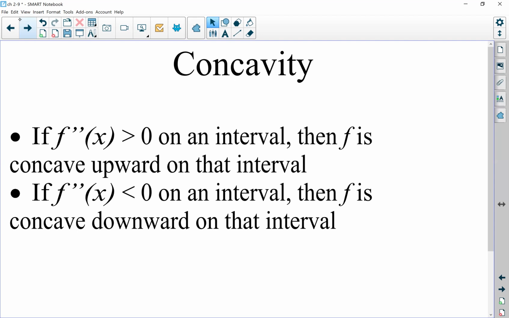And the way that I think about it, concave up is U-shaped.